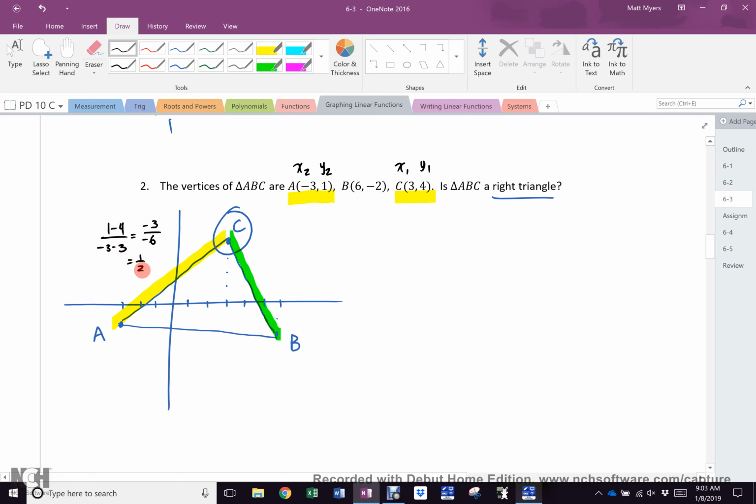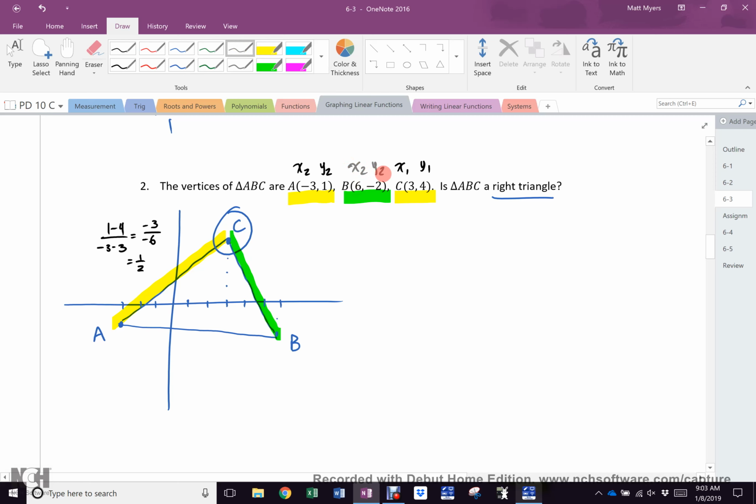Is everybody happy? If this is perpendicular, then what must this slope be? Negative 2 over 1. Let's check. For the green one, I've already got an x2, I've already got an x1 and a y1 written here, yes? So I'm going to keep that so I don't screw it up. And I'm going to make this guy x what? X2. And I'm going to make this guy what? Y2.